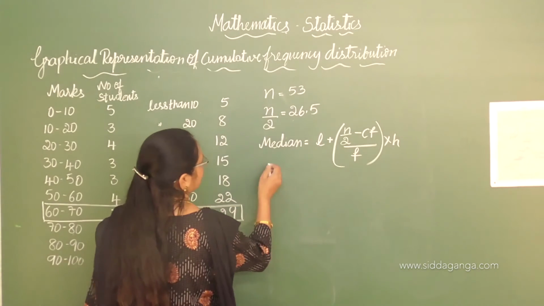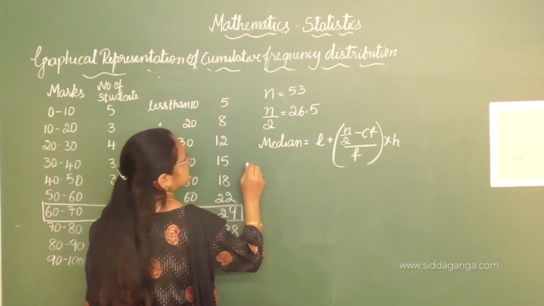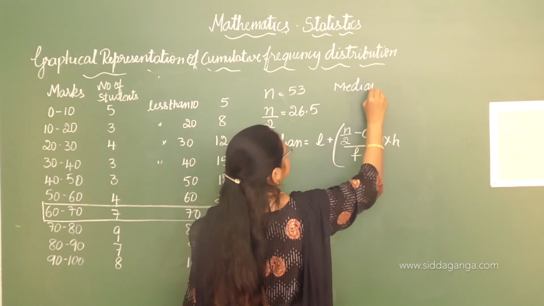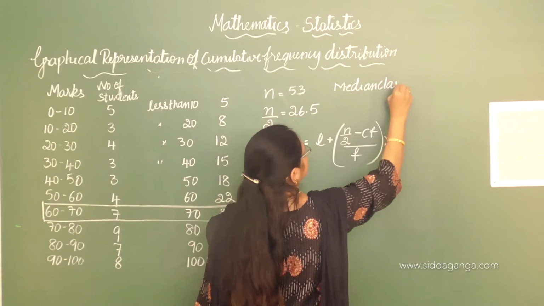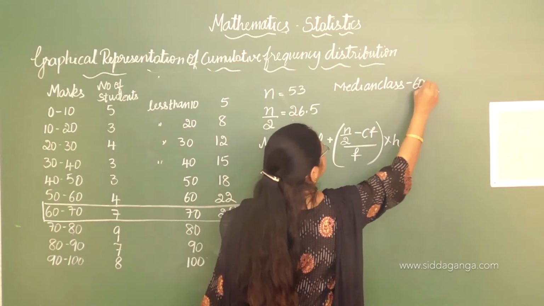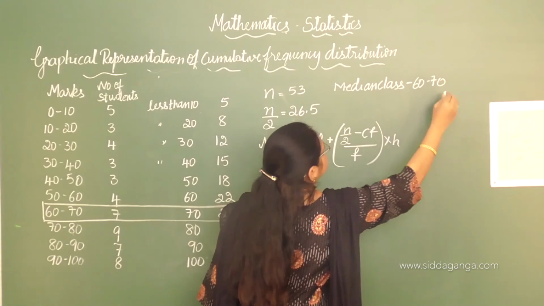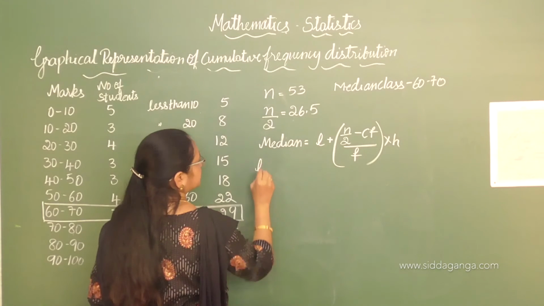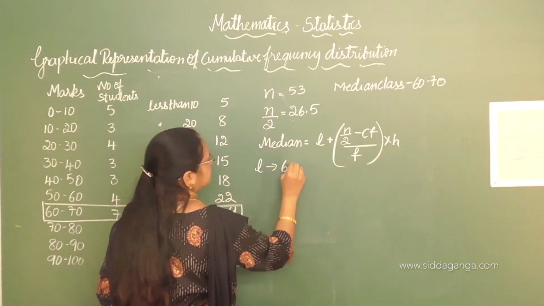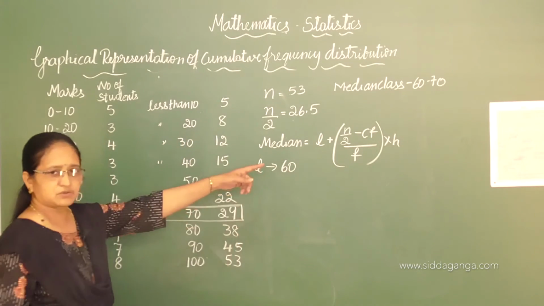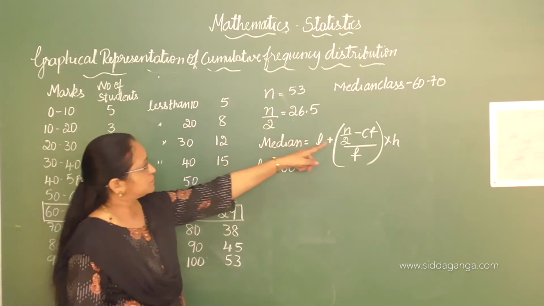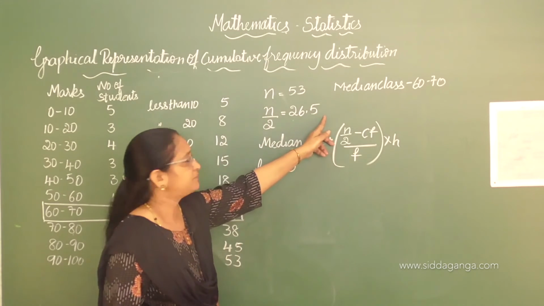So now I will write the median class here. The median class is 60 to 70. Therefore, the lower limit of the median class, you all know, is 60. And n by 2, of course, is 26.5.